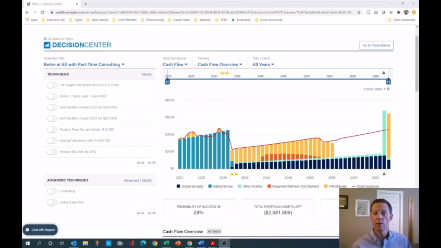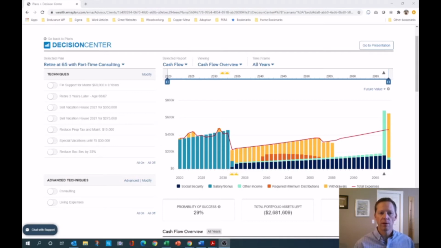So what we want to do in the real life situation is say, okay, what are your goals? What do you think? Work longer, save more, whatever those situations are. So in this case, maybe Frank will retire later on, maybe work a couple more years or consult after the fact.